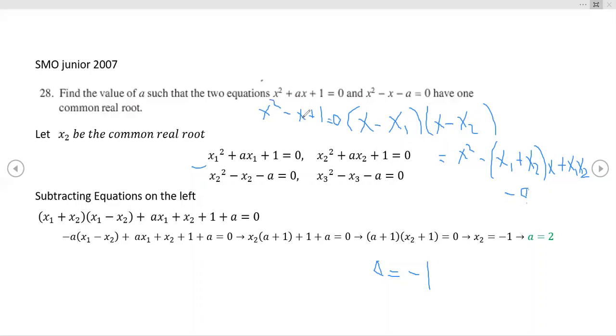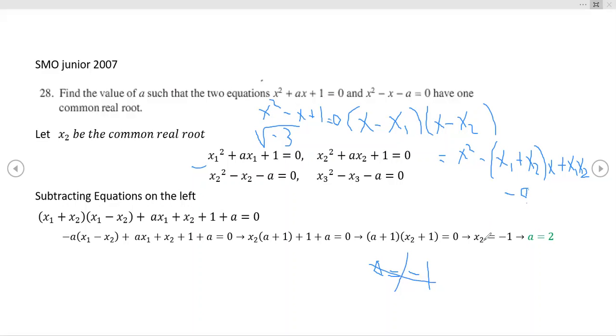The discriminant, b squared minus 4ac, would be minus 1 squared, which is 1, minus 4, which is -3. A negative discriminant means non-real, imaginary solutions. So we have to reject this, because we're looking for real roots.